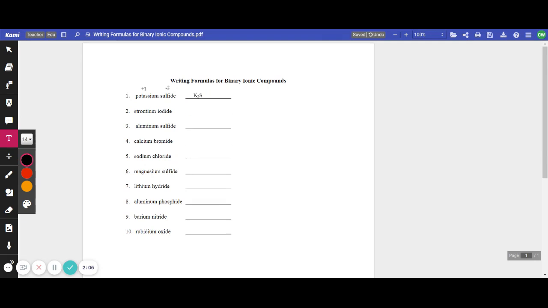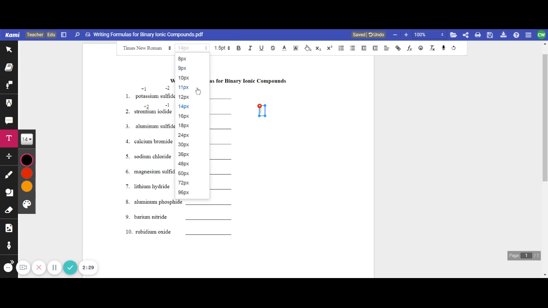We've got strontium, which is in group 2, so it has a +2 charge or oxidation number. Iodide is in group 17 and it has a -1 oxidation number. So +2 and -1 does not equal 0.